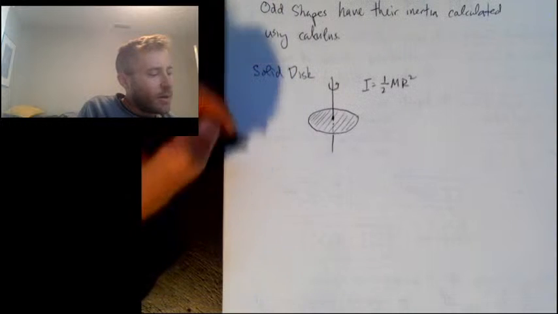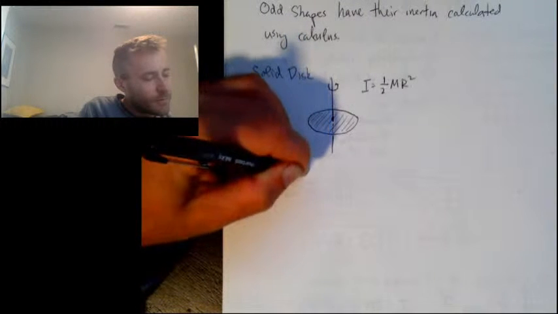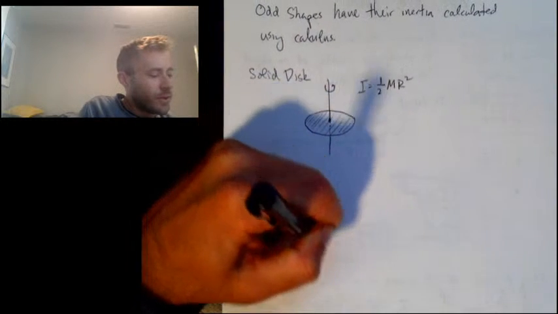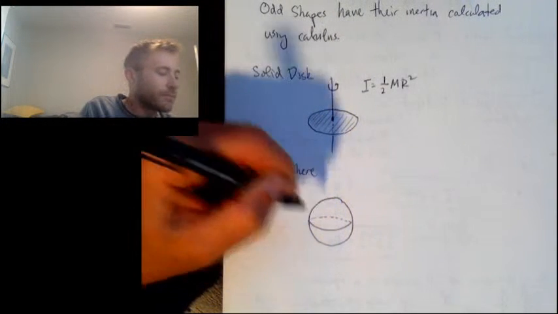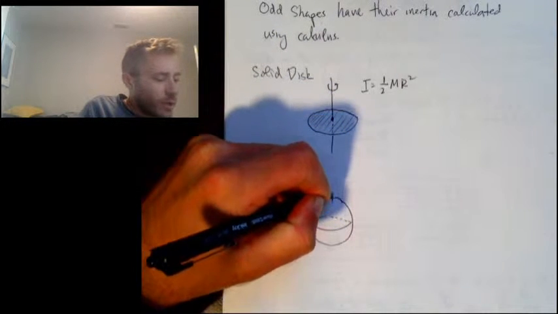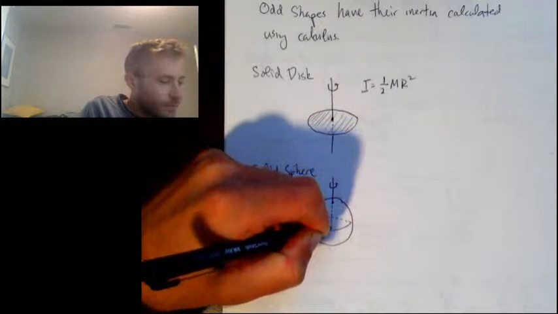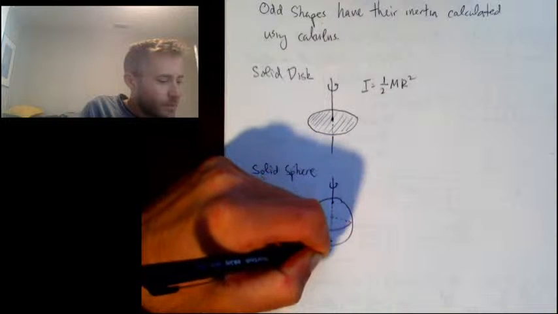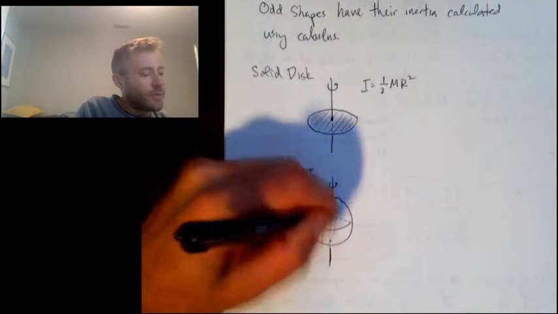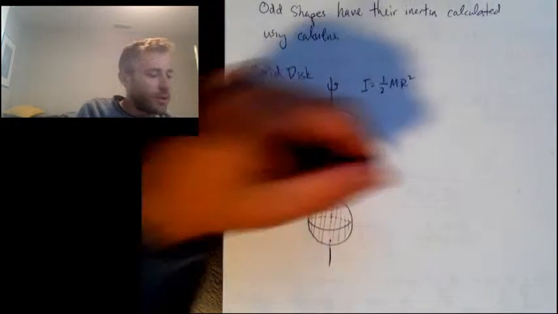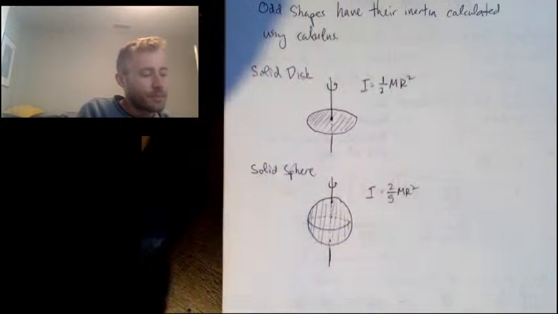If you have a solid sphere, which looks like this, and you rotate it about an axis through its center, then the rotational inertia is 2/5 mr squared.